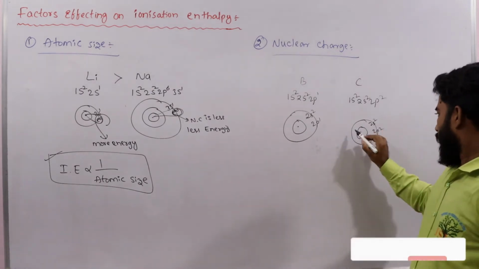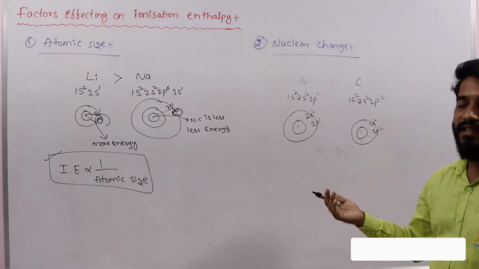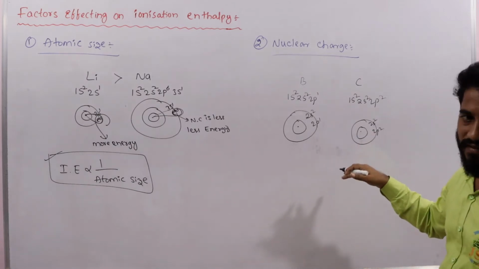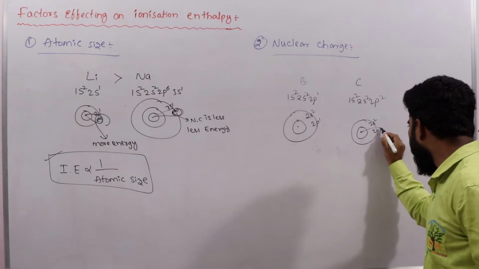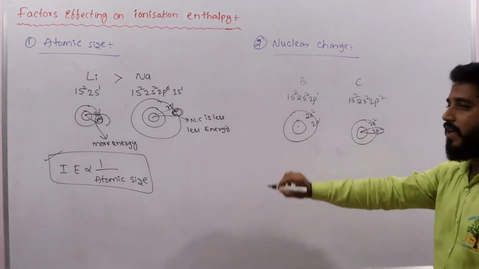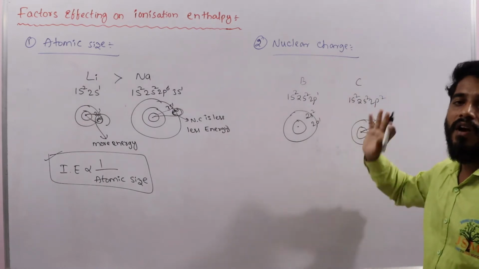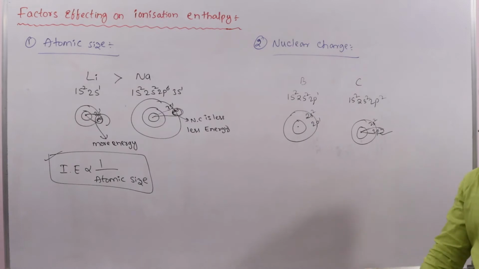When the number of electrons increases in the same shell, nuclear charge increases and size decreases. That's why carbon has a smaller size. With a small size, nuclear attraction on the outermost electron is more. When the nuclear charge is more, more energy is required to remove the outermost electron.